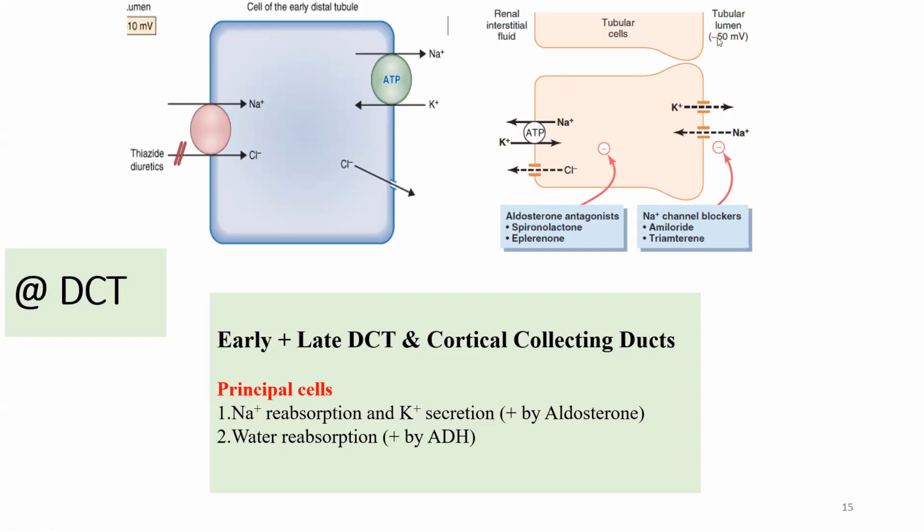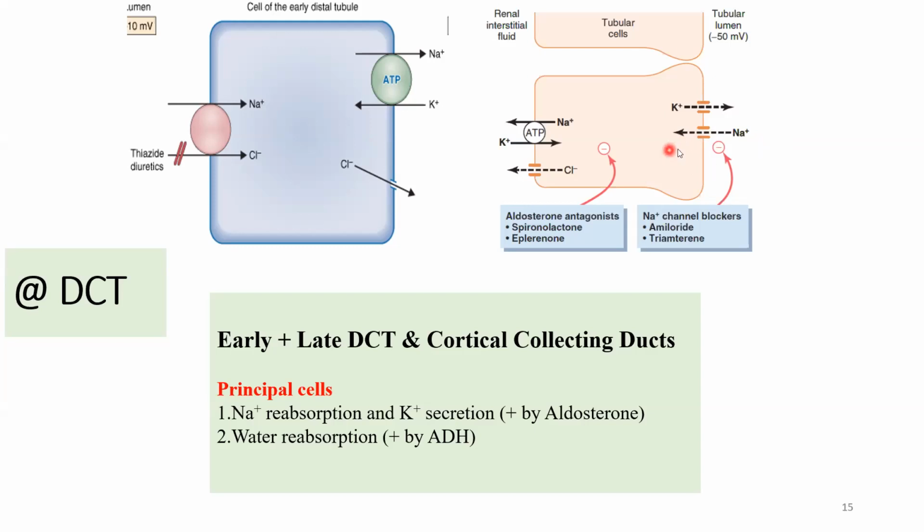So what do you see in the principal cell here? This is the principal cell. You see that the sodium potassium ATPase at the basolateral border is doing its business, keeping sodium concentration down within the cell. This is then manipulated by the apical border, and sodium is being reabsorbed.